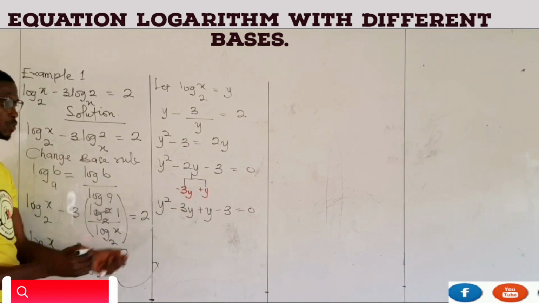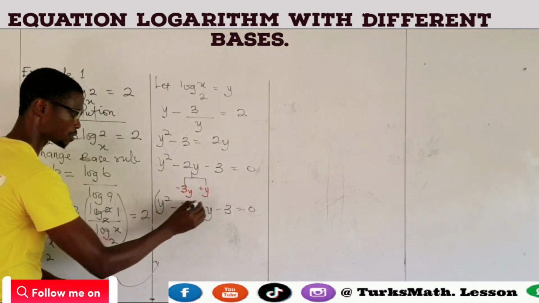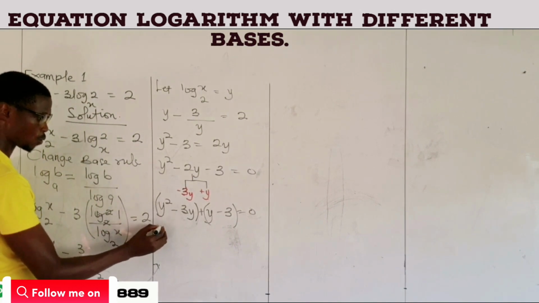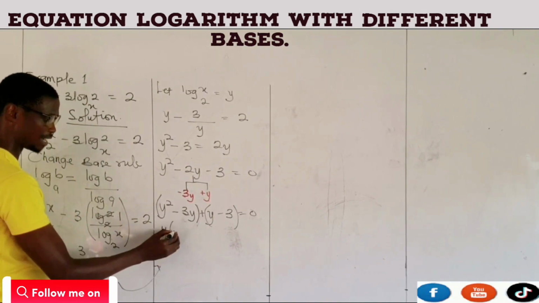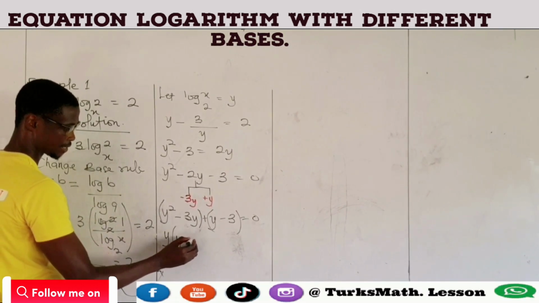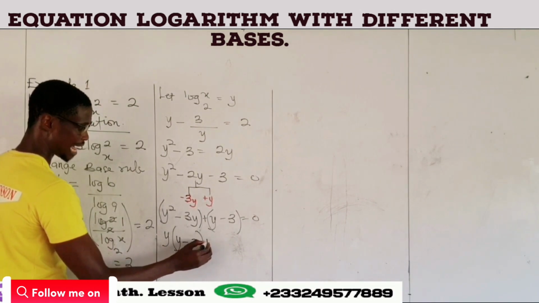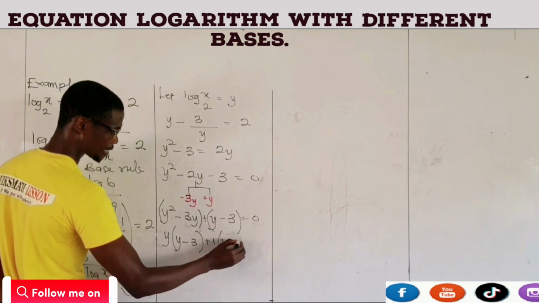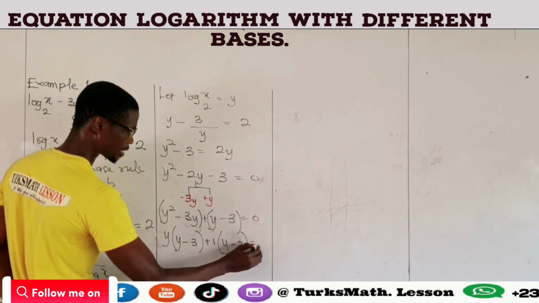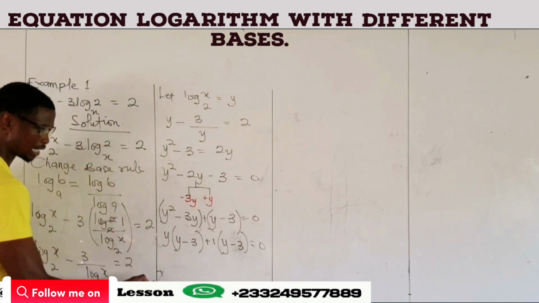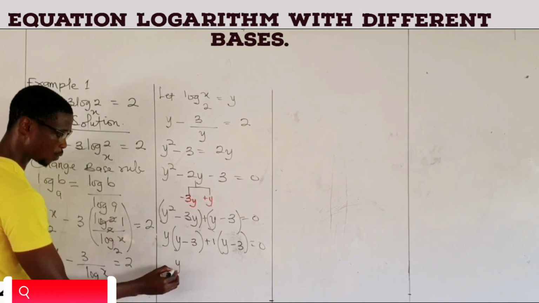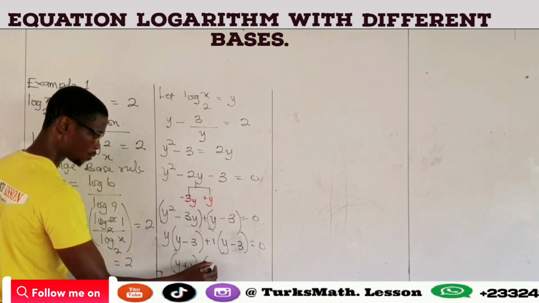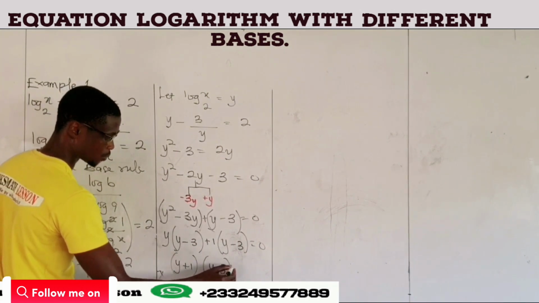Okay, now let's put them into 2 groups. Right. What is common here? y is common. In the bracket you are left with y minus 3 plus 1, y minus 3 equals 0. So the next step we will have y plus 1 bracket and y minus 3 equals 0.